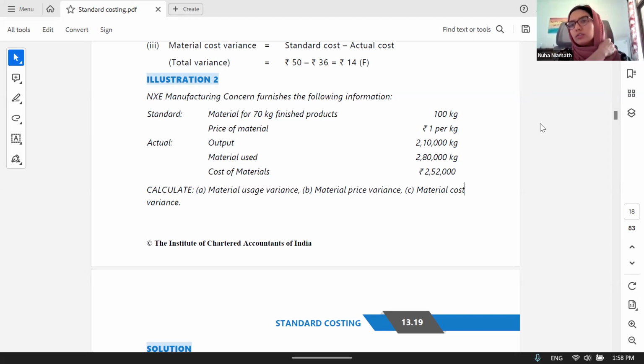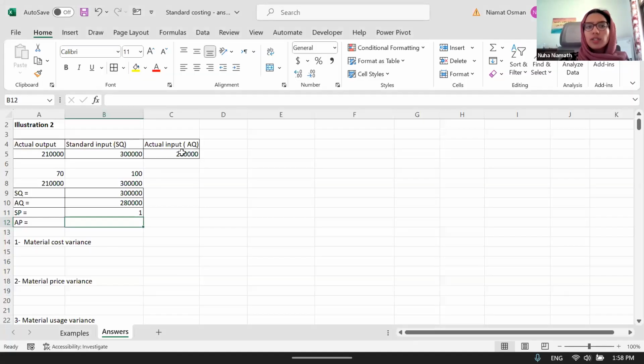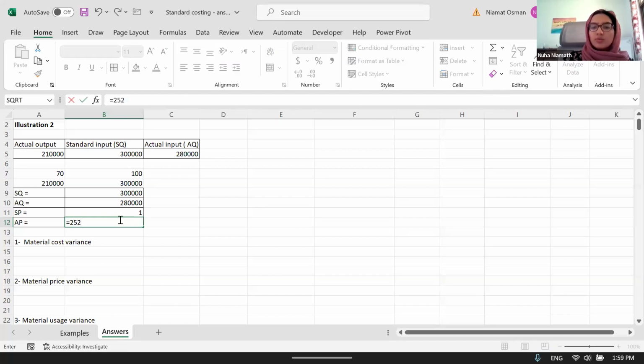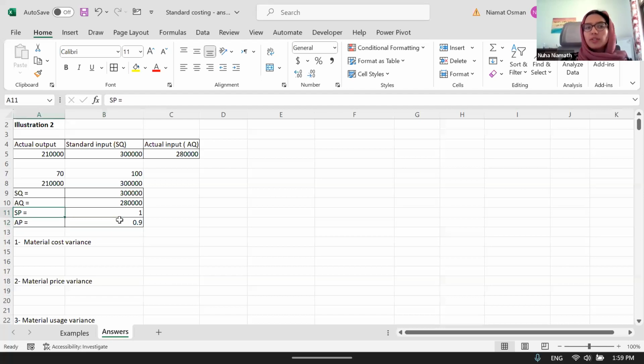Please don't look at the answers. 0.9. Jasnath, can you tell me how? 2 lakh 52 by 2,80,000. Perfect. So if you just divide the total cost by the quantity, you will get the actual price, right? So 2 lakh 52,000 divided by 2,80,000 will give me my actual price.